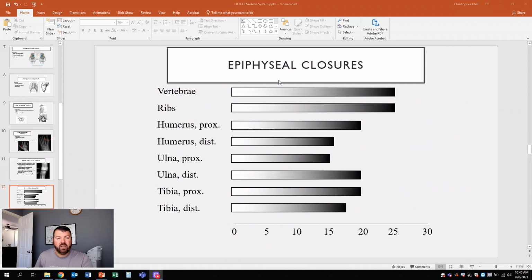It doesn't fit every single individual, but roughly, your proximal ulna and distal humerus close about 15, and the latest, your vertebrae and ribs, close about 25. So about 25 years old, you're usually done growing. Some people it's a little earlier, some a little later, but usually around that.